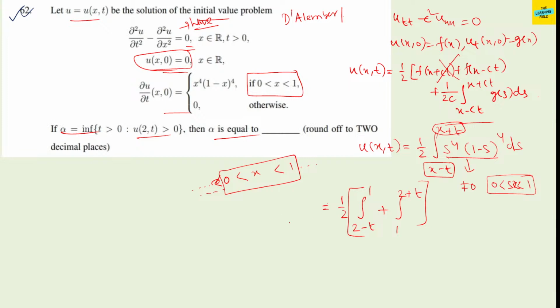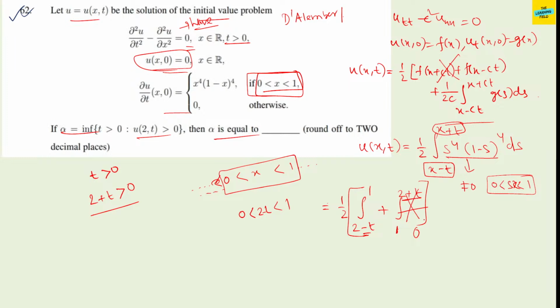Because see this 2-t, the 2-t value obviously belongs to 0 to 1, and here it is given that t is greater than 0, therefore 2+t must be greater than 0. And this is the interval from 1 to 2+t, therefore this is outside the interval 0 to 1, that is, this integration goes to 0.